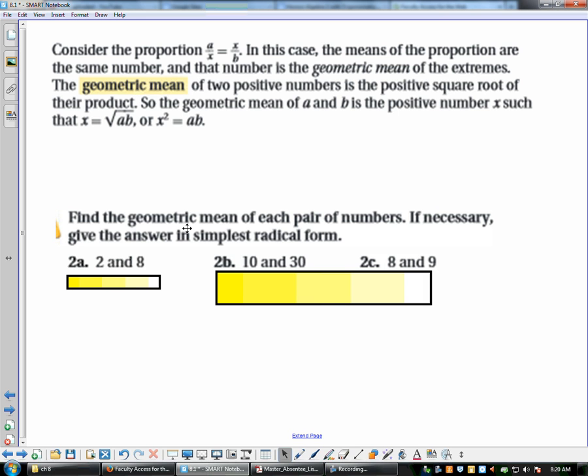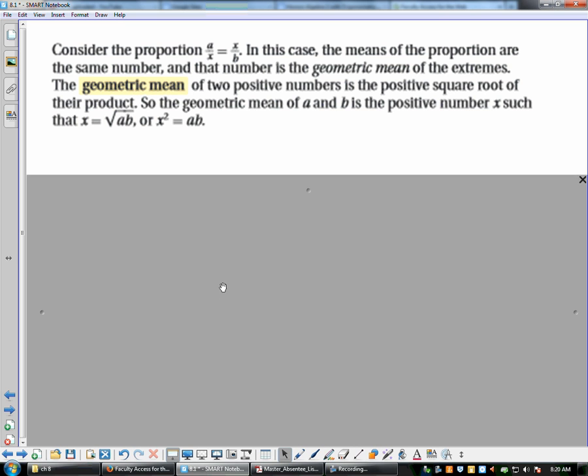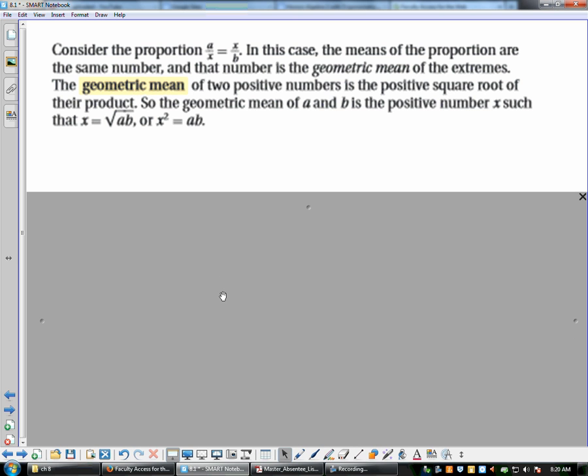Okay. Consider the proportion A is to X as X is to B. In this case, the means of the proportion are the same number. I don't know if you've heard that when you set up a proportion, like let's say 2 is to 3 and 6 is to 9, would you agree with that proportion? These numbers here, this denominator and this numerator here, are called the means.